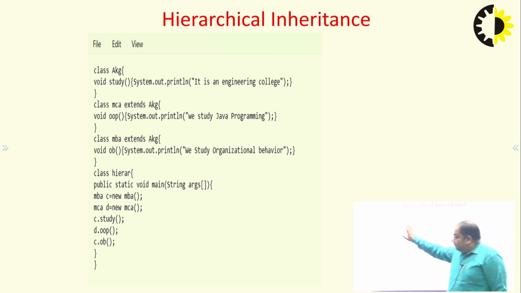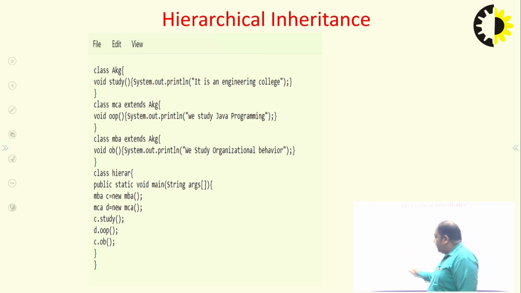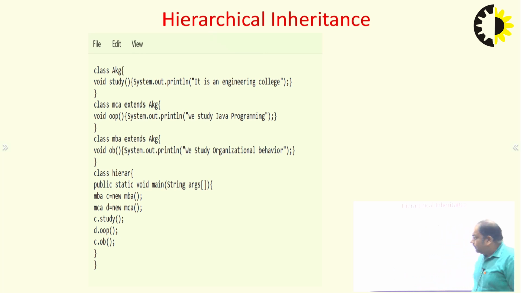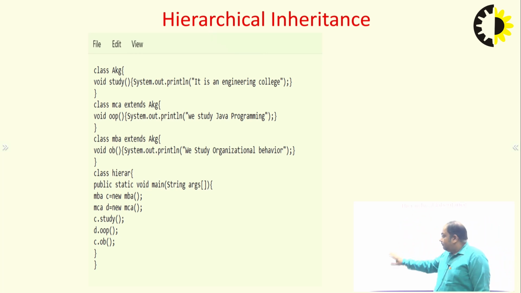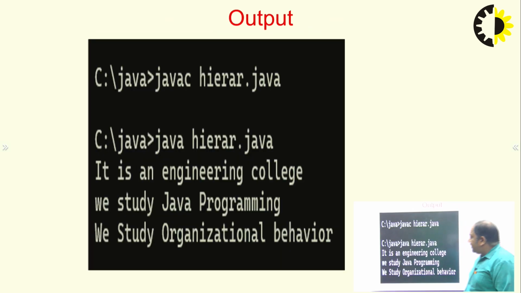By calling the methods of both derived classes, we create the object of MBA and the object of MCA. In this way we create a hierarchical inheritance and call the methods of the base class in both derived classes, and create the output.